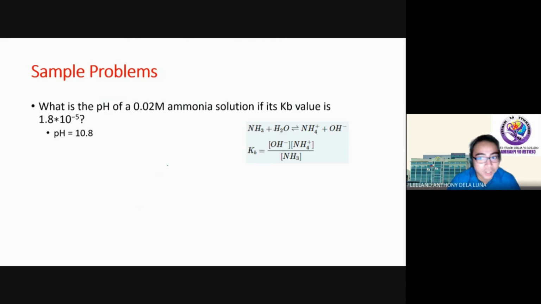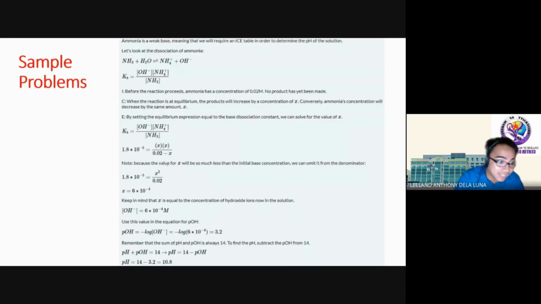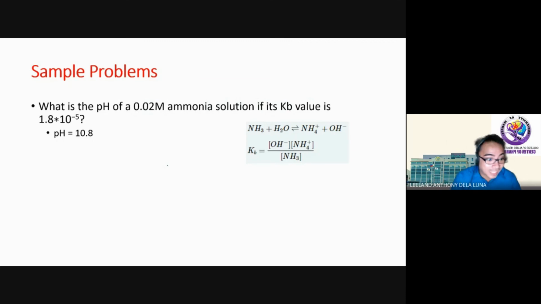Ito yung ating equation. So similarly, how do we proceed with this? Okay? So pretty much class the same thing yung ginawa natin kanina. Pero instead na hydronium ions ang makukuha natin, we will be getting hydroxyl ions. Right? So ang given ulit natin would be the concentration of ammonia is equal to 0.02 molar.